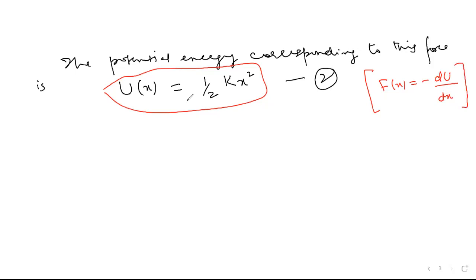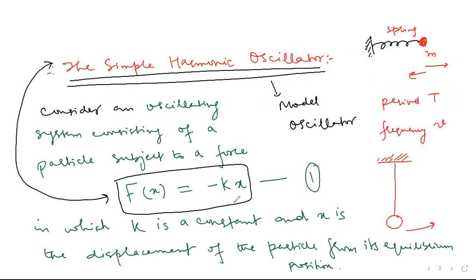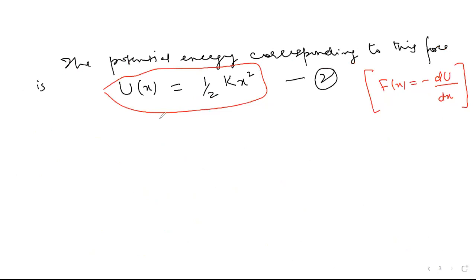So if you differentiate this potential energy given by equation 2, negative times of that will be this force. So whether you define the simple harmonic oscillator in terms of this force or in terms of this potential energy half kx square, is one and the same thing. They are equivalent, right?